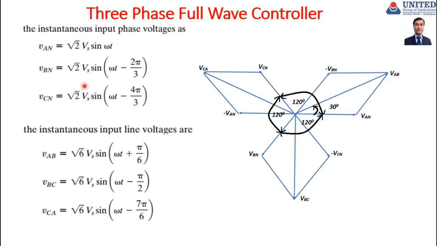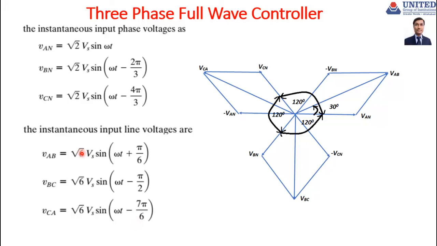And also, as we know, in a star connected system the line voltage is root 3 times the phase voltage, with 120-degree phase shift between line voltages. So the instantaneous line voltage equations can be written as VAB equals root 6 Vs sin(omega t plus pi by 6), VBC equals root 6 Vs sin(omega t minus pi by 2), and line voltage VCA equals root 6 Vs sin(omega t minus 7 pi by 6).